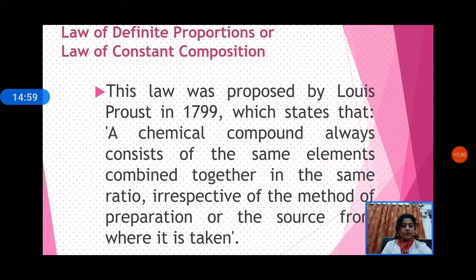For example, ratio of hydrogen and oxygen by mass in water is always 1:8, irrespective of the source of water. From wherever we bring the water sample, the ratio of hydrogen and oxygen will always be 1:8. Third law, and it's the important law also, law of definite proportion.